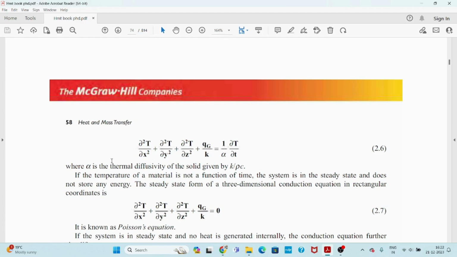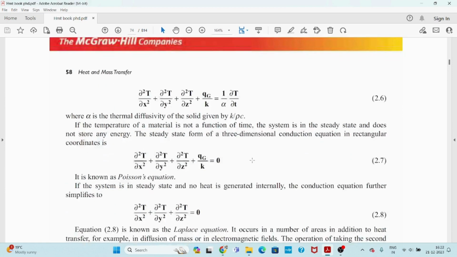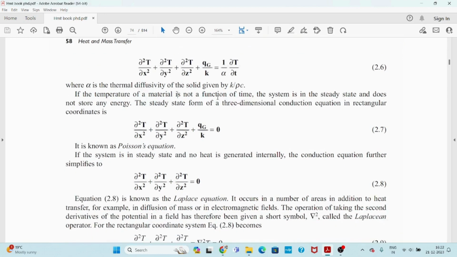Many times it has been asked in competitive exams like GATE and other exams: what is thermal diffusivity and its formula. If you remember, you can directly go for the right answer. Alpha is equal to K by rho C. That is thermal diffusivity, alpha. So please remember alpha, the thermal diffusivity, and this equation too.